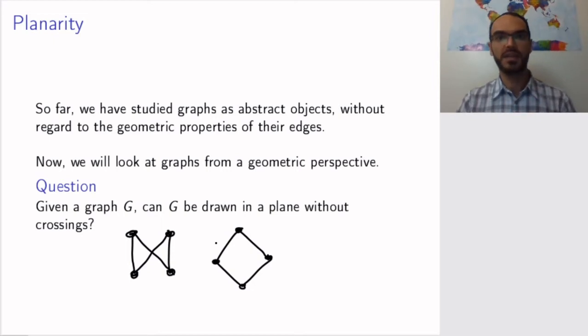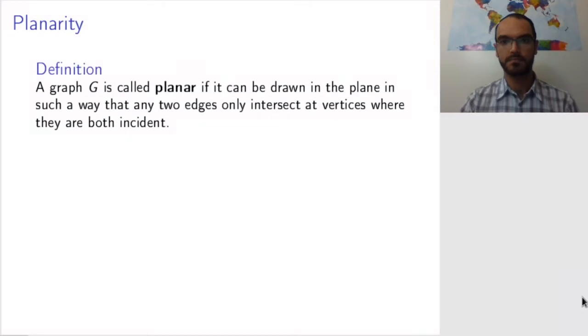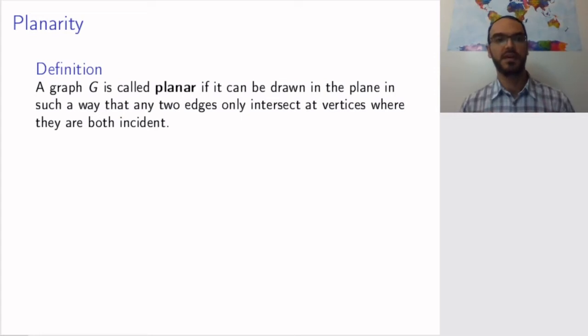So first, we need a proper definition of this notion. And the proper notion to deal with these things is the notion of planarity. So a graph G is called planar if it can be drawn in the plane in such a way that any two edges do not intersect except at vertices where they are actually supposed to go. So vertices where they are incident. So let's look at some examples of planar graphs.